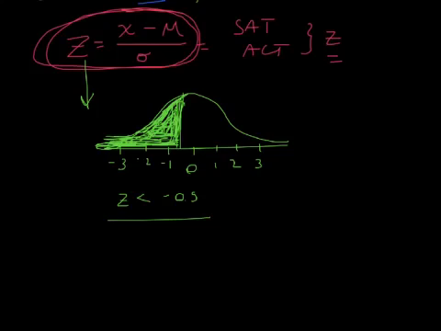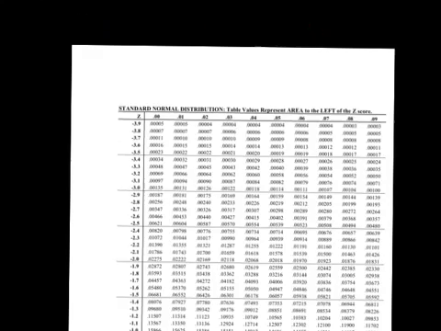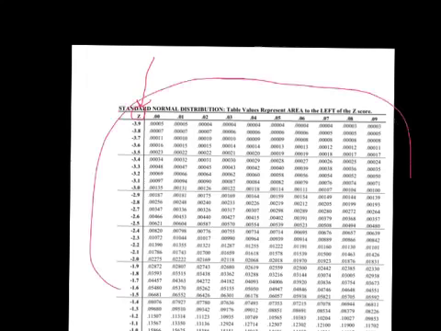So here's how it looks on the chart. Some things I want to point out to you about the chart. First of all, you see that Z right there. That's how you're going to tell which of all these crazy numbers you're going to choose. You're going to look it up by z-score. The other thing you need to know is there is a negative side of the chart.